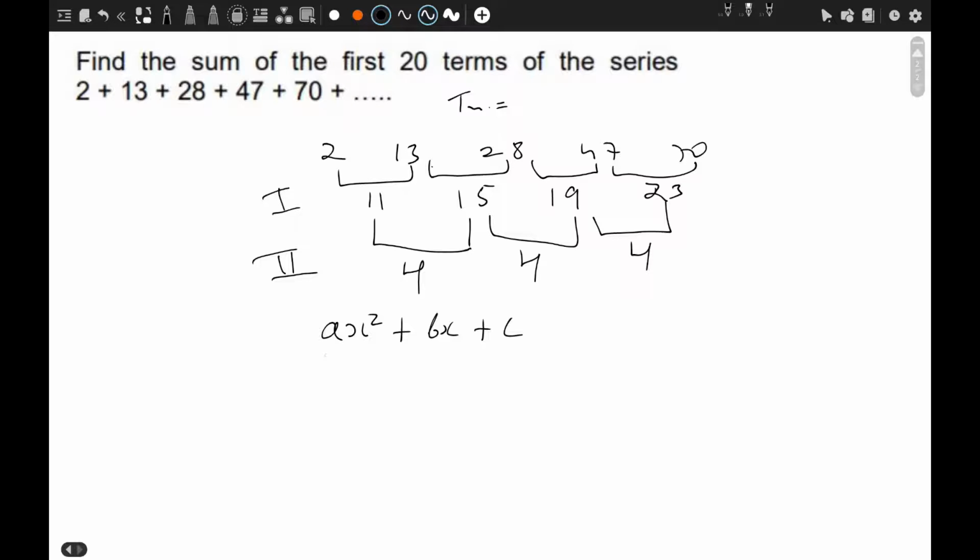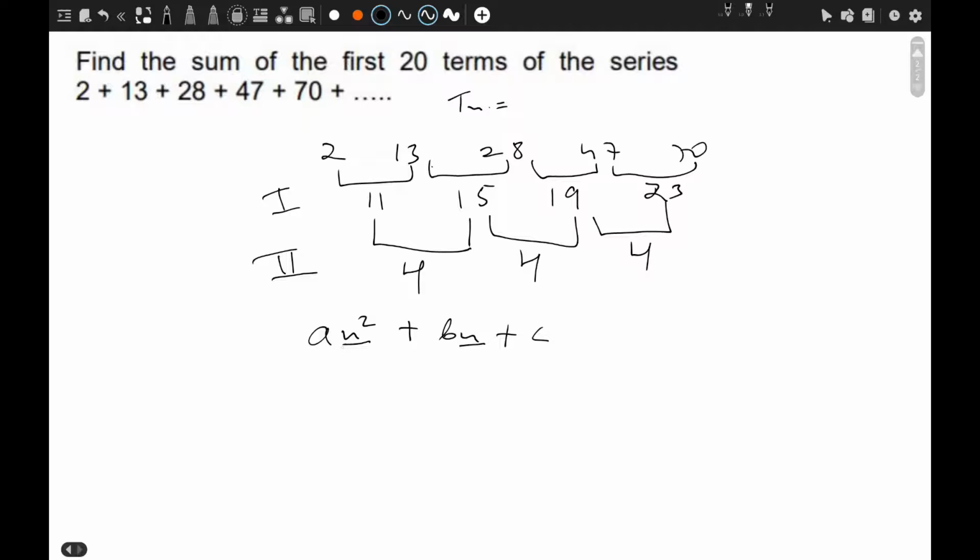So if x here is n, the nth term is going to be an square plus bn plus c.